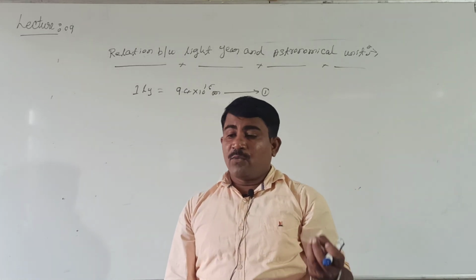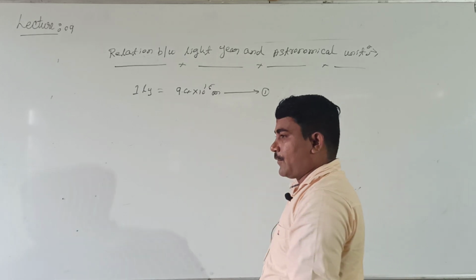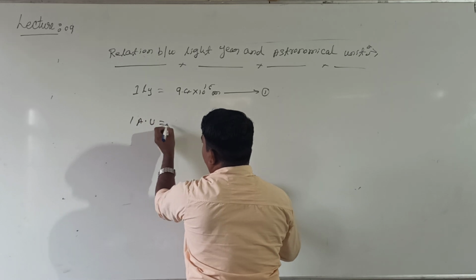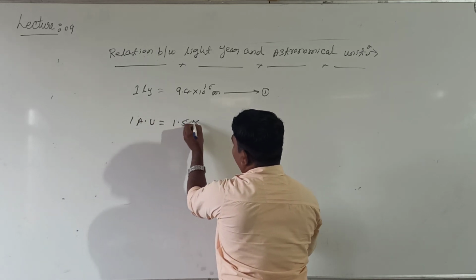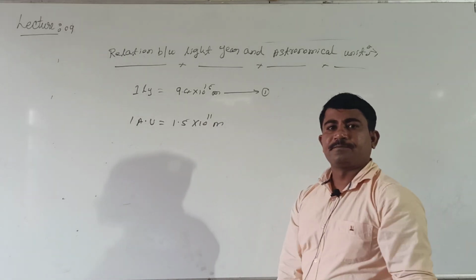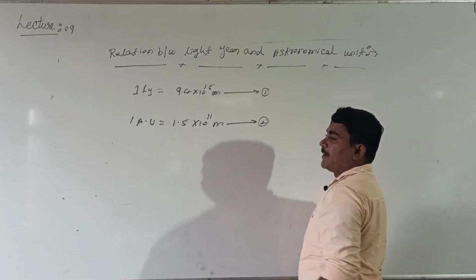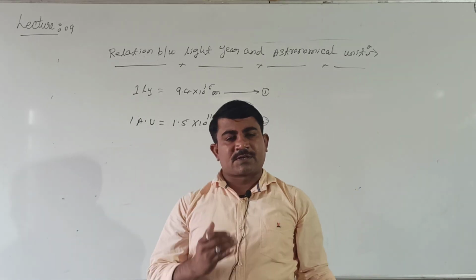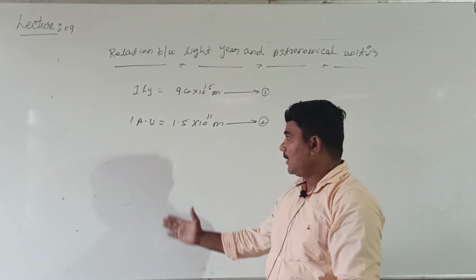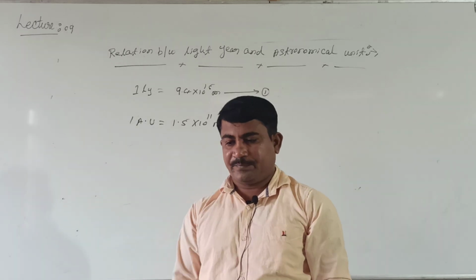Then one astronomical unit equals 1.5 into 10 raised to 11 meter. Simply, one light year means the distance travelled by light for 1 year in air or vacuum. One astronomical unit means the average distance from the Sun to the Earth.